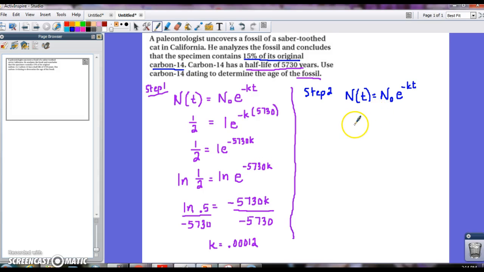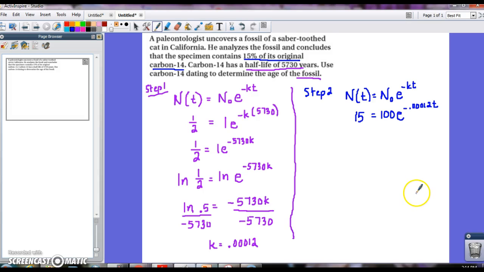So what I currently have left is 15% of the original amount of 100% that you started with. I figured out k in part 1, and now I'm trying to find t.